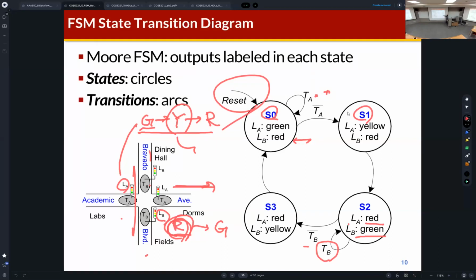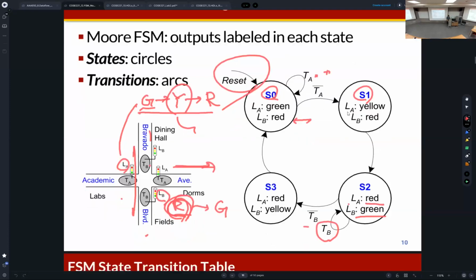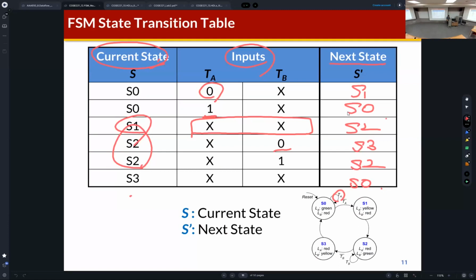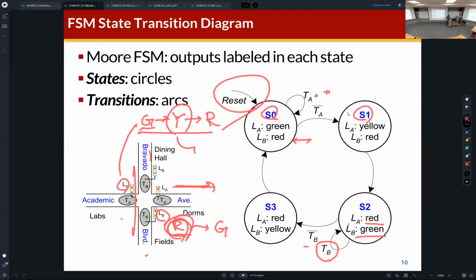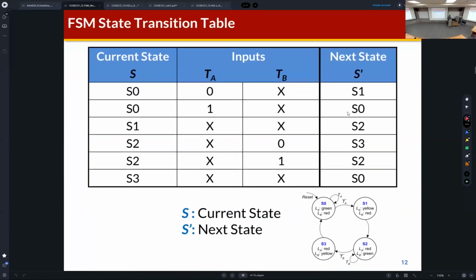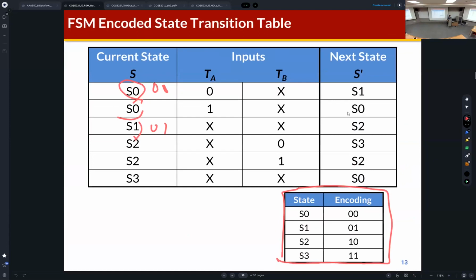We can define the state transition diagram based on the descriptions, and then we can generate the state transition table based on this transition diagram. Then we can set the encoding rules for the states, because we cannot use a state data type.